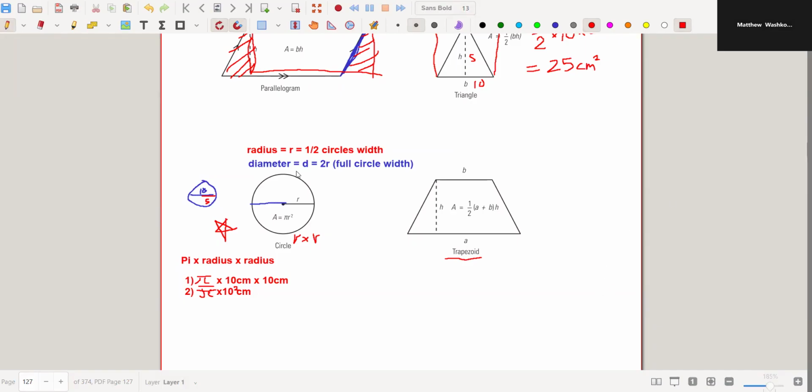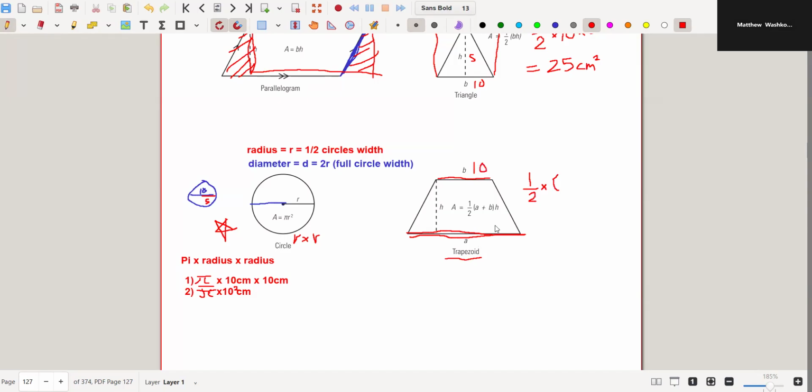The next thing, moving on now, is a trapezoid. Trapezoid's a little bit difficult. It's pretty hard. So again, you have your height, and I call this the pure height. You have the base, which is the top length. You have the other base, they're using a here, which is the bottom length. So it's a half times, you add these up.